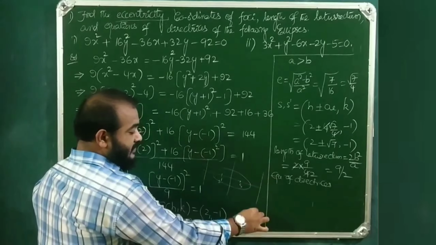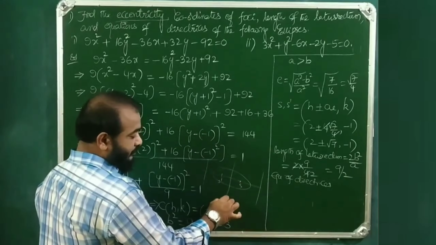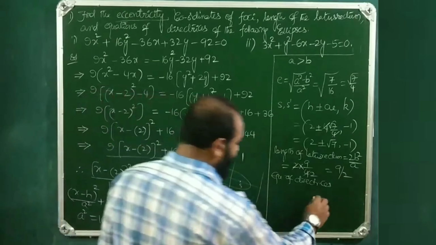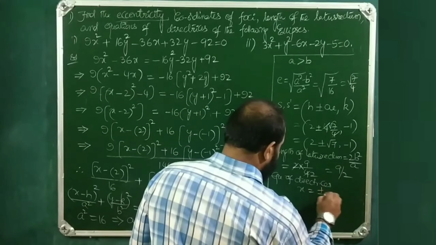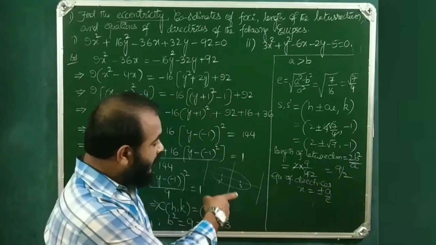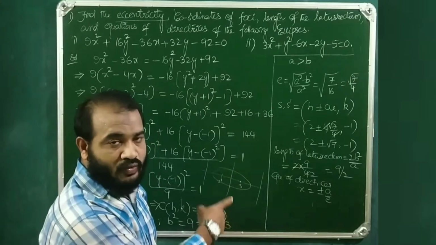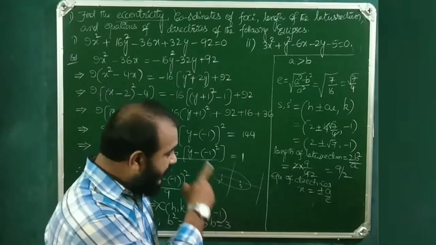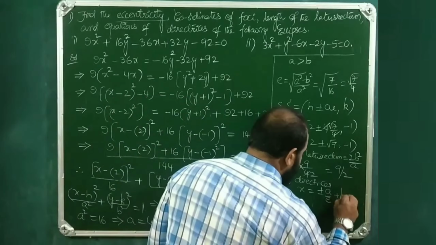This line is parallel to the y-axis, so it is x equals something. So x is equal to plus or minus a by e for the ellipse x square by a square plus y square by b square equals 1, whose center is at the origin. But here additionally h will be added.